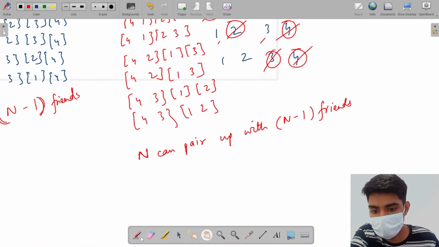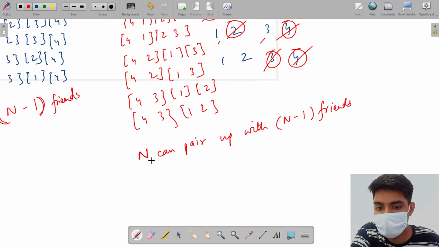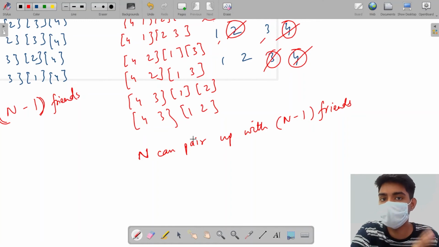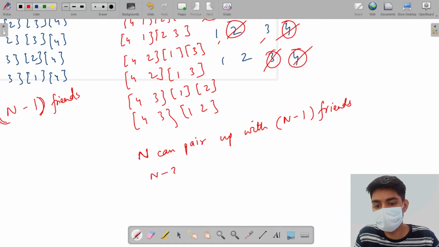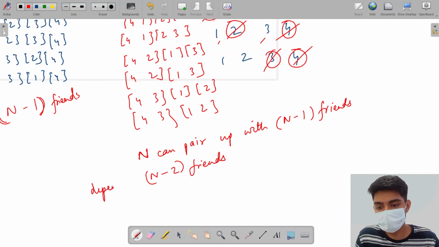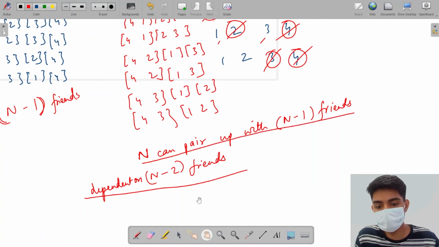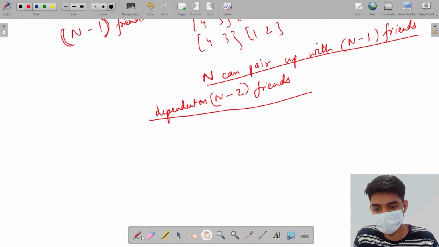So if n pairs up with someone, we would have n minus 2 friends left, so this would be dependent on n minus 2 friends. So what is the formula that is going to be derived?